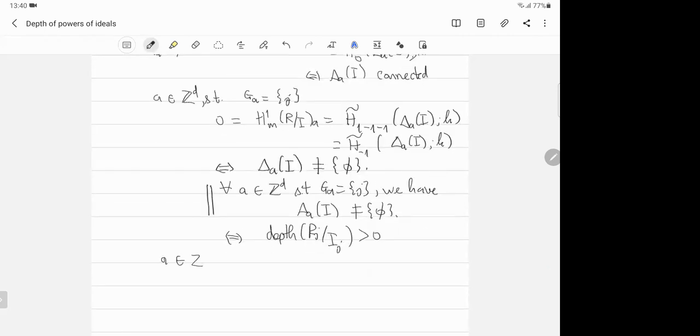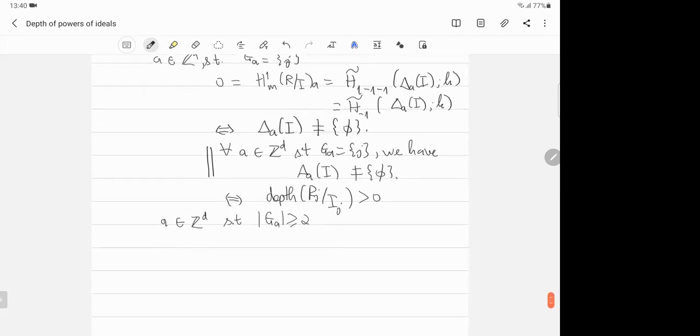And the other vectors you might have are the vectors with at least 2 negative components. But it is easy. In this case, you can check, again by Takayama, that 1 minus |G_a| minus 1 is smaller or equal to minus 2, so this is always 0 for every complex.